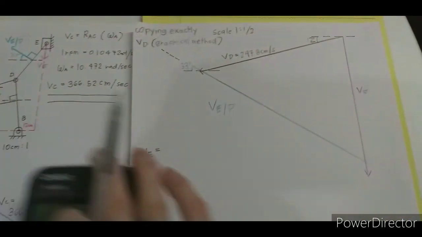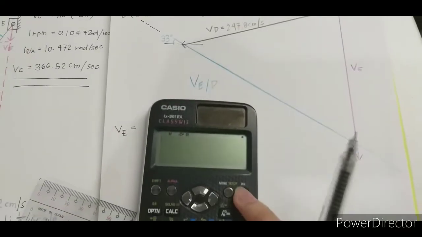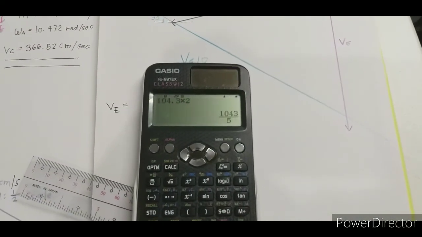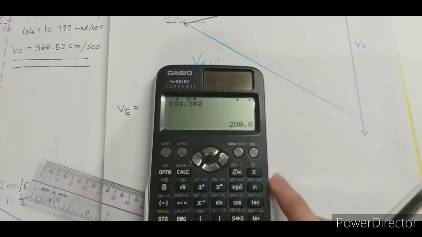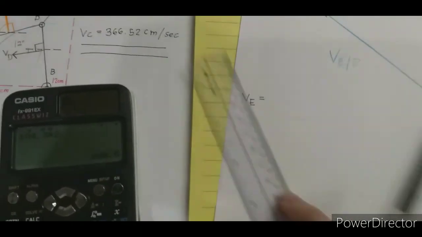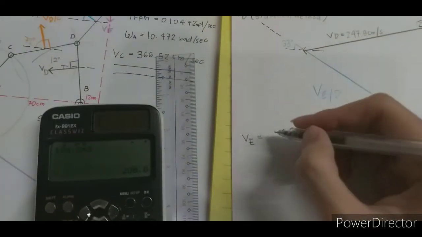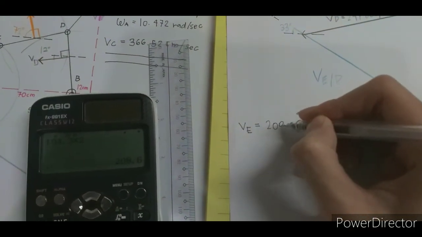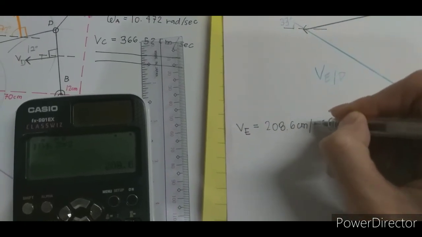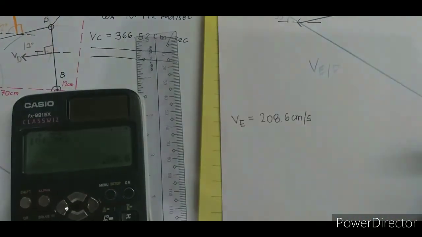And remember our scale, 1:1/2. So 104.3 times 2 would give us 208.6. So the final answer would be 208.6 centimeters per second. Thank you.